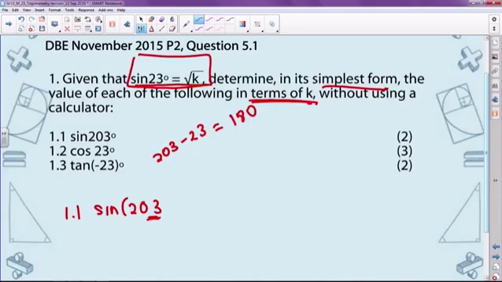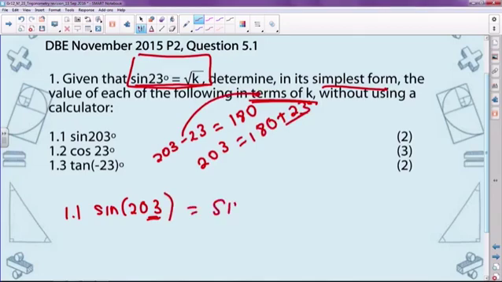So in other words, 203 degrees can be rewritten as 180 degrees plus 23. And that is very useful to me because now we've got it in a form where we can reduce it. So sine of 203 degrees, we're going to rewrite as sine of 180 degrees plus 23 degrees.